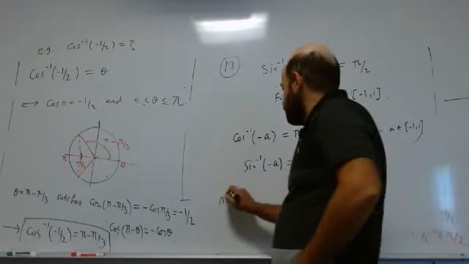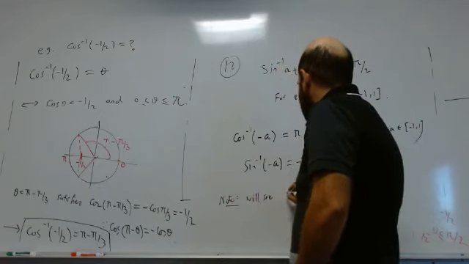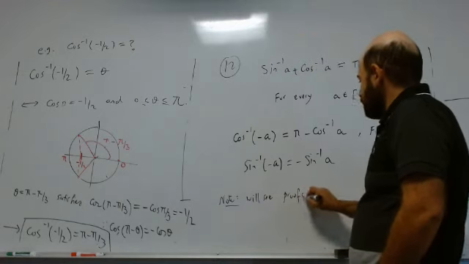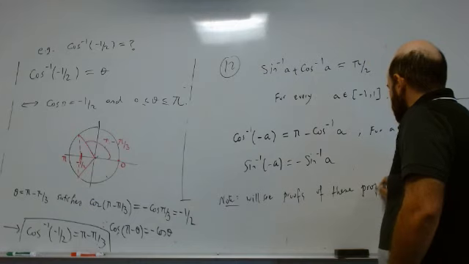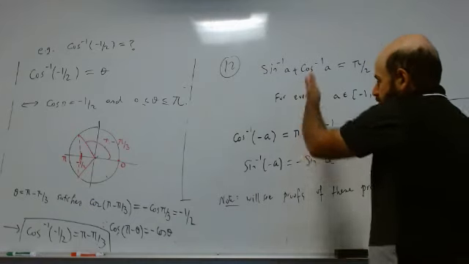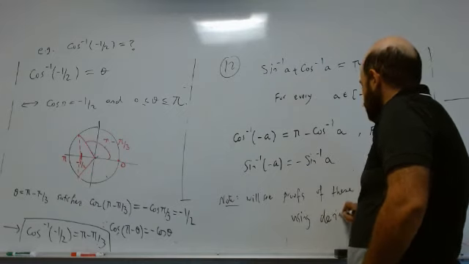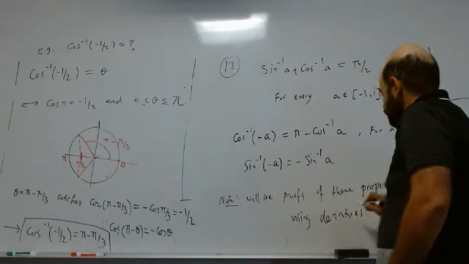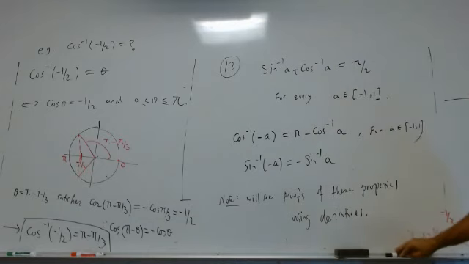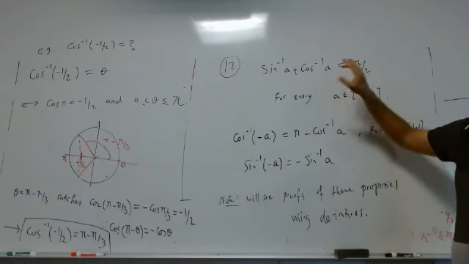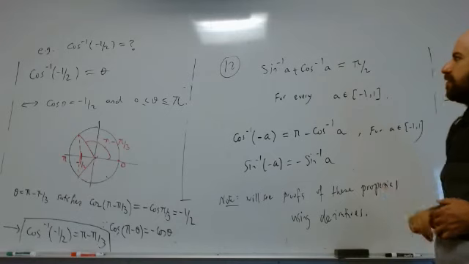Let me say note: see proofs of these three properties using derivatives. You'll see that with derivatives, it's much easier compared to the proof you saw in Math 100 or pre-calculus. That was not very complicated either, but with derivatives, it's very easy.